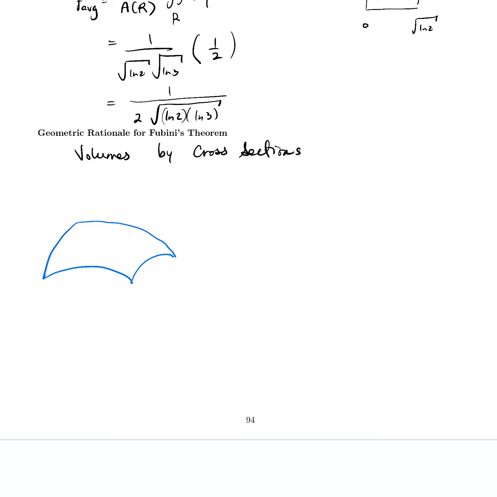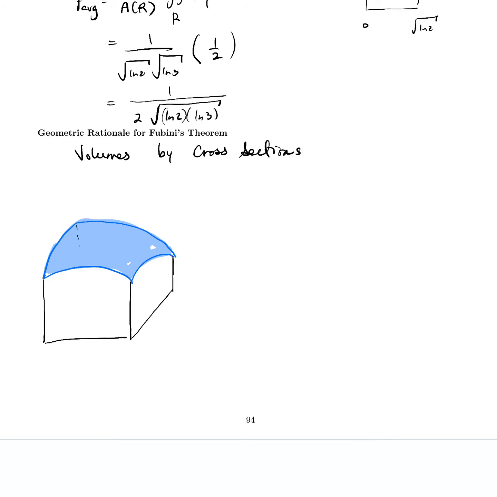And so if we draw ourselves a surface over some rectangular region, so let's draw our region underneath, we're interpreting the volume under this graph as the double integral.